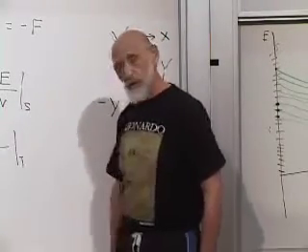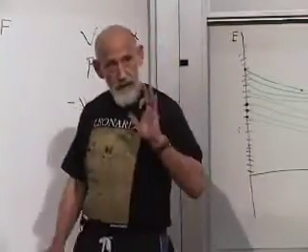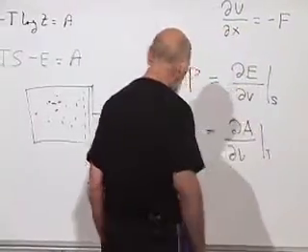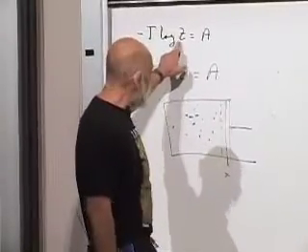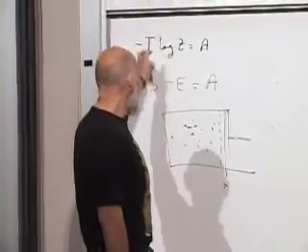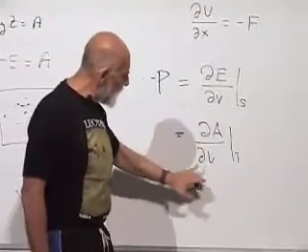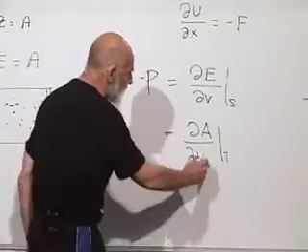What is the thing that you differentiate? The Helmholtz free energy. And the Helmholtz free energy, that's not so hard. Once you know the partition function and its logarithm, you multiply it by the temperature, and then you differentiate the Helmholtz free energy with respect to the volume.